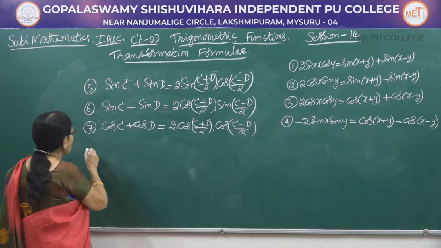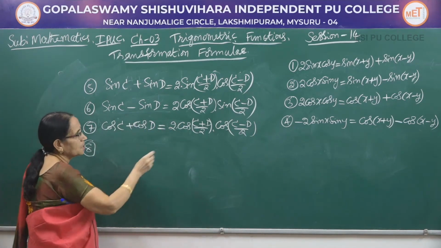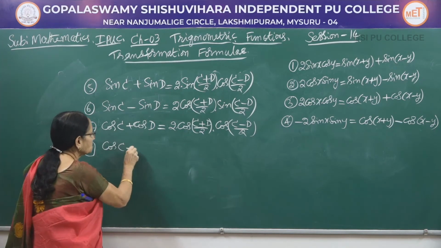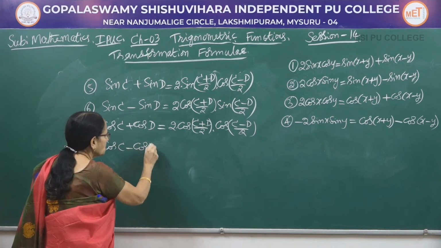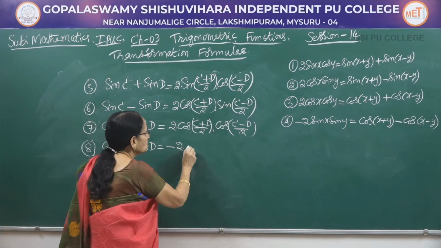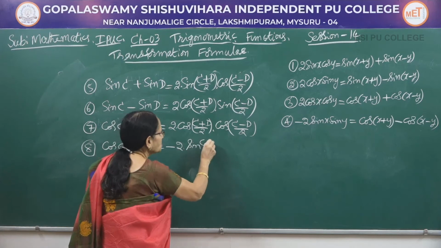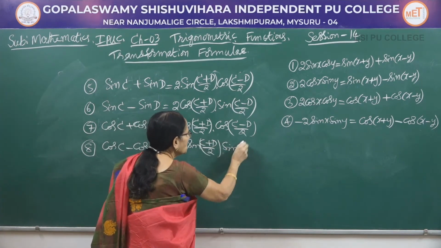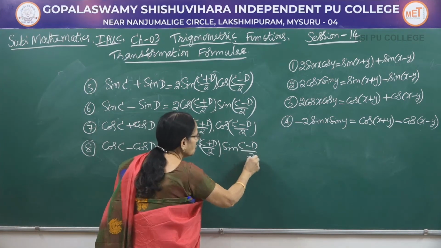Finally, we come to the last formula, that is cos c minus cos d. We have a minus sign here: minus 2 times sin of c plus d by 2 into sin of c minus d by 2.